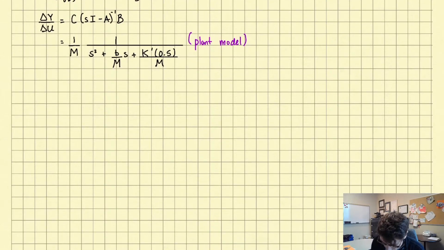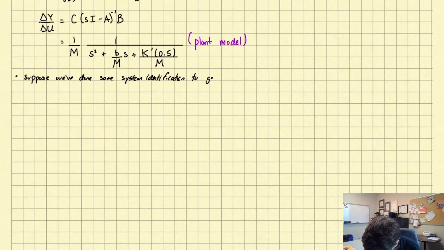For the purposes of this example, let's suppose we've done some system identification to get, I'll just use some simple numbers, m equal to 1, b equal to 1, k equal to 1, and a squared equal to 1/3.